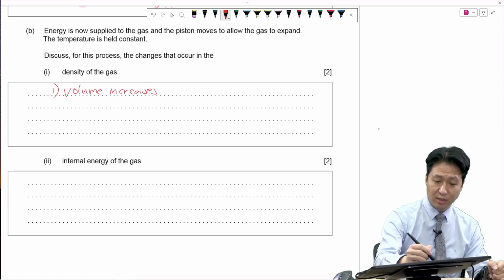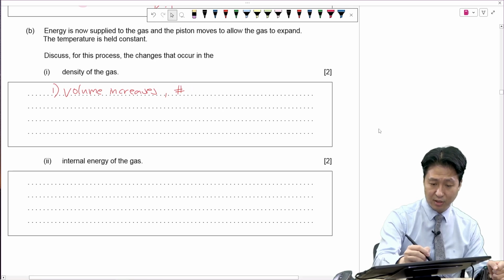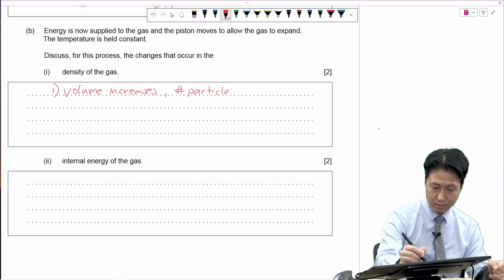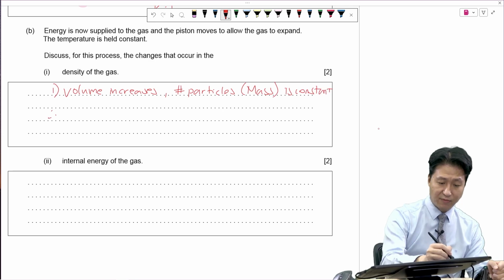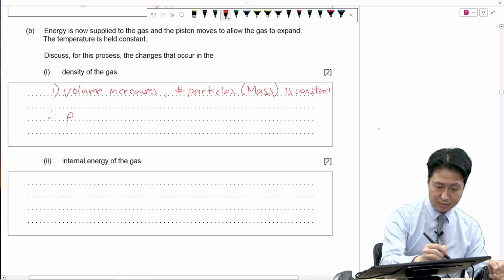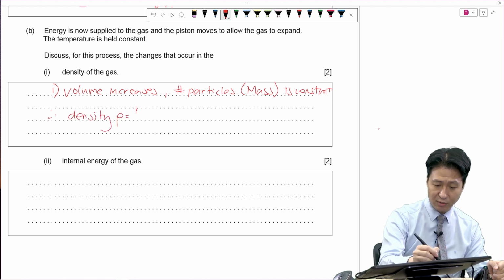And the number of atoms or particles remains constant, which is related to the mass, right? Therefore, the density, we use rho for the density, which is the mass over the volume, decreases.